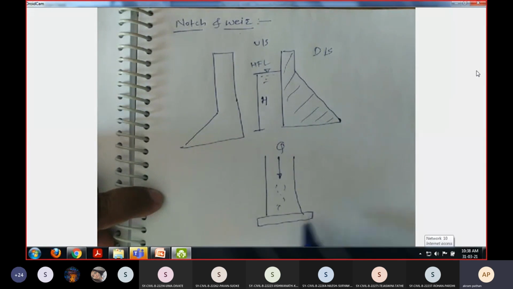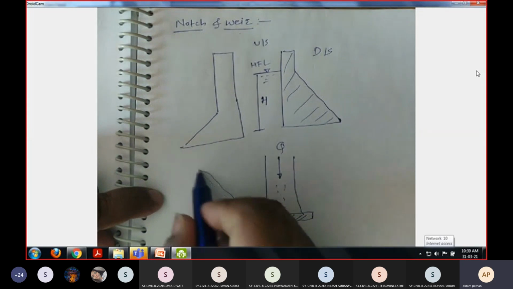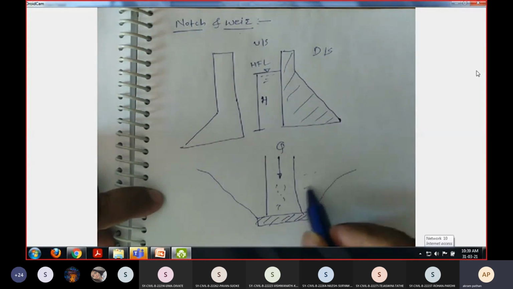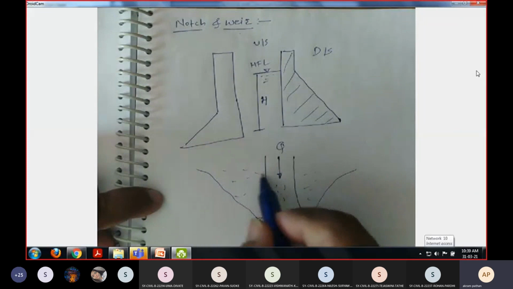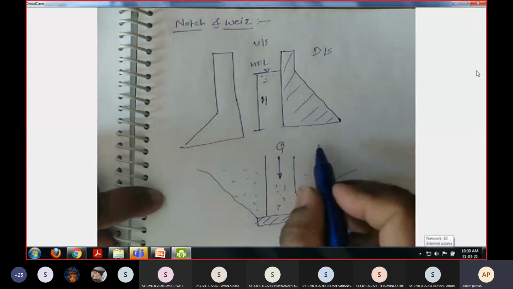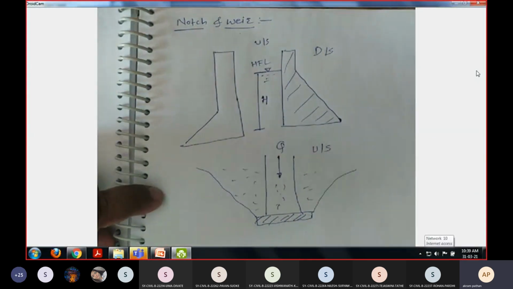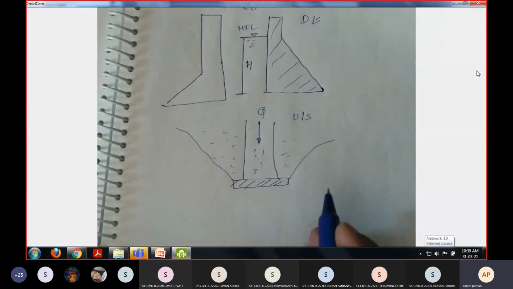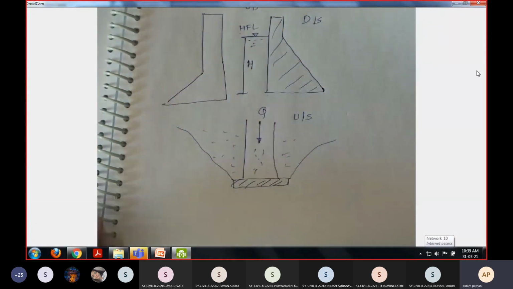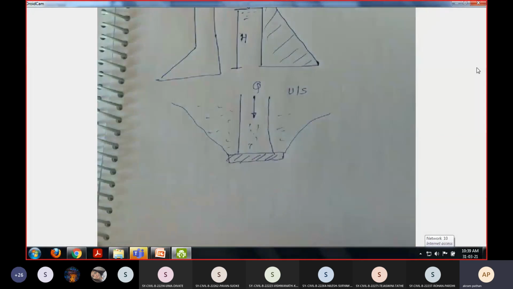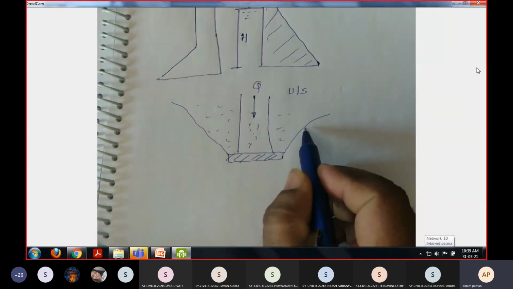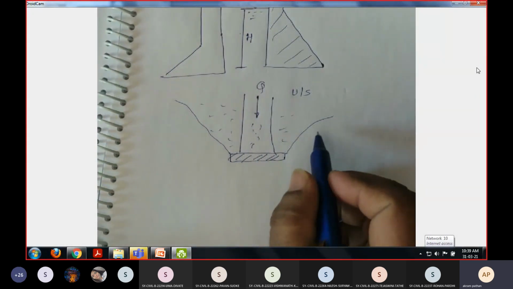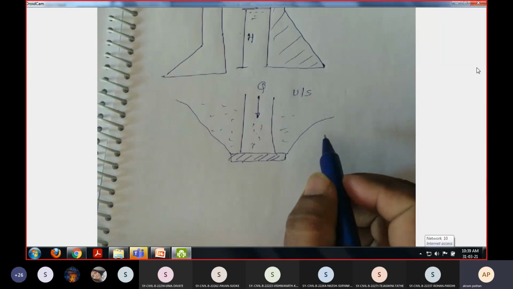This is a barrier we have constructed across this river. On the upstream side we store the water. Now with the help of canal or channel we supply water for irrigation. We have two types of channel, that is left bank canal and right bank canal.